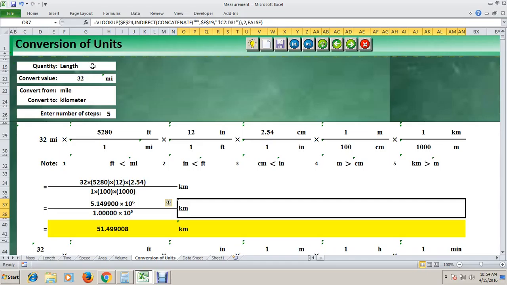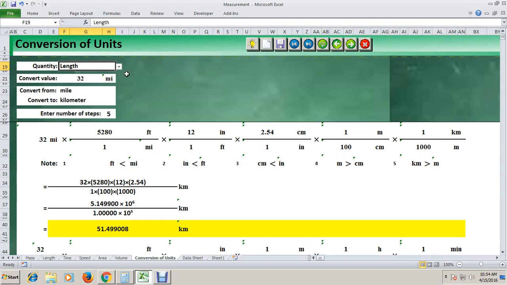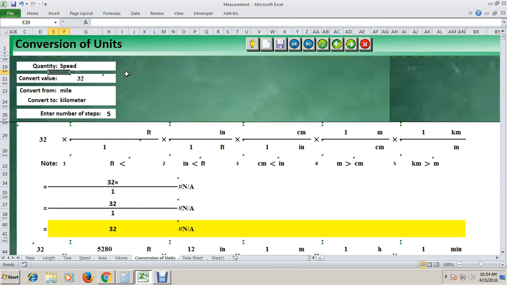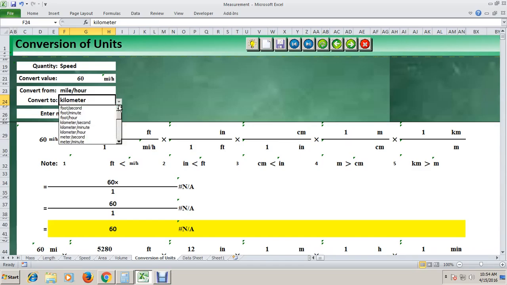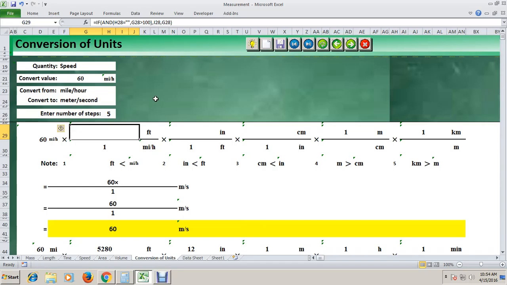For example, the quantity speed. Let's say we have 60 miles per hour, and we want to convert the given 60 miles per hour into, say, meters per second.